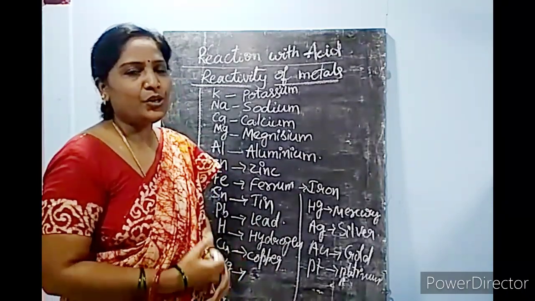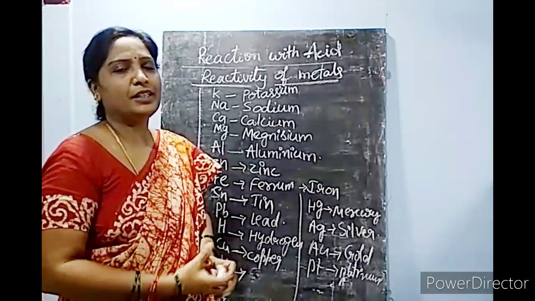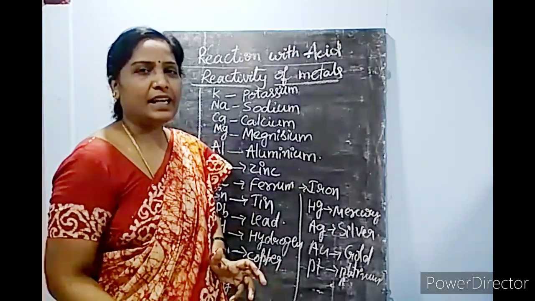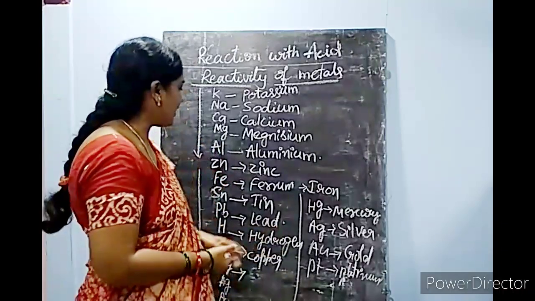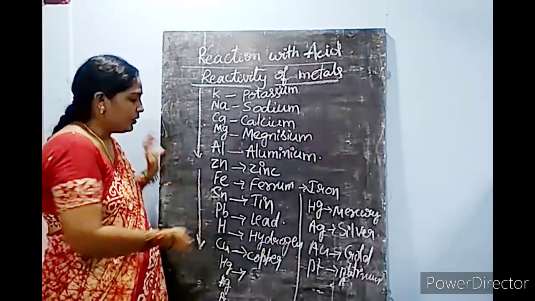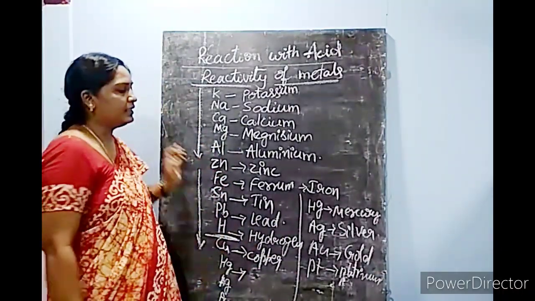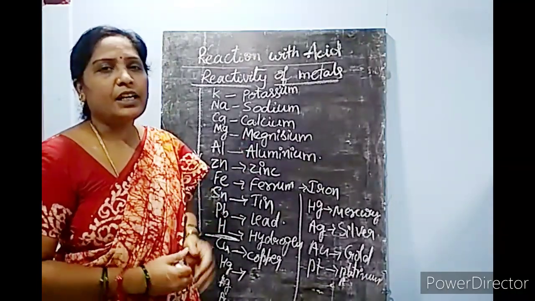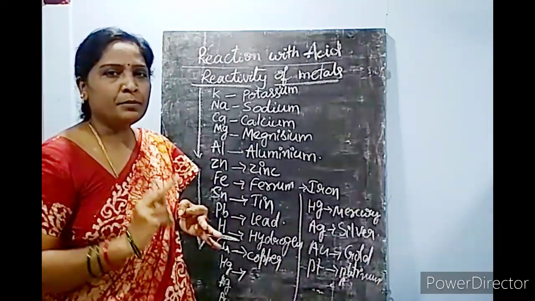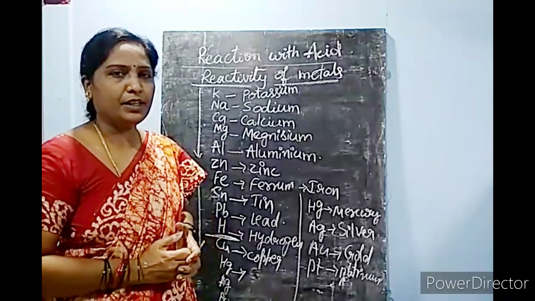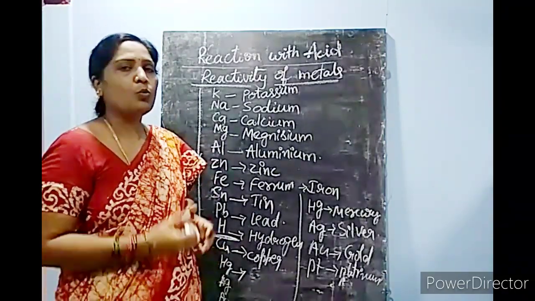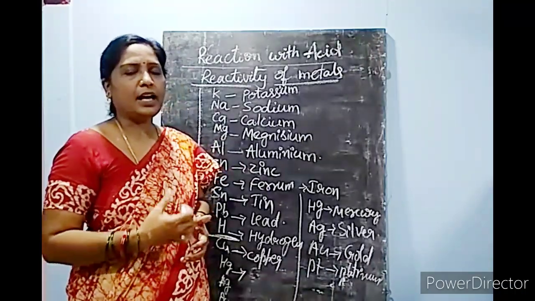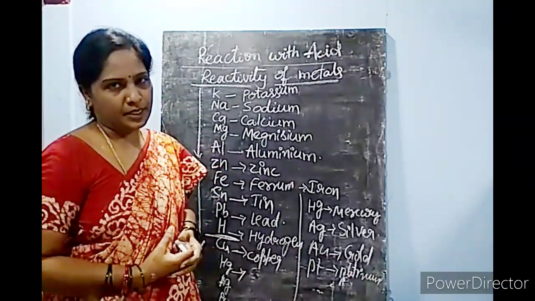Understood? It's so easy to remember the metals in the reactive decreasing order. Okay. So now you can understand that just now we had seen how zinc, aluminium and magnesium react with HCl, and why copper will not react as quickly as other metals.